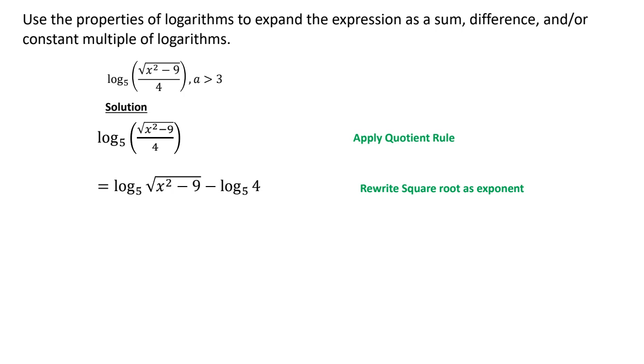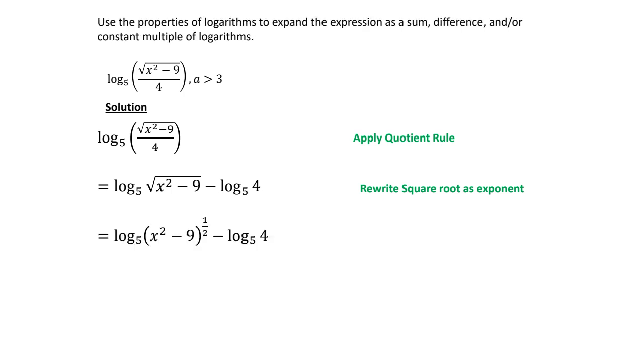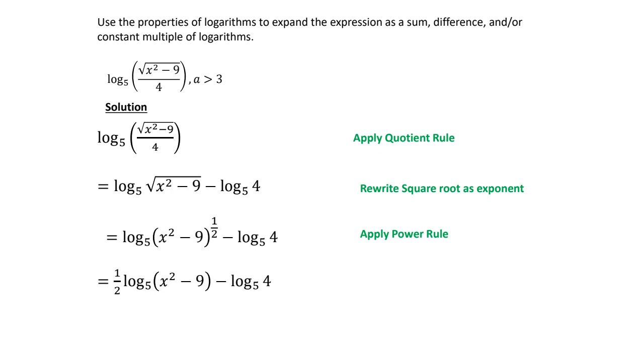Now that I have an exponent, I can apply my power rule. That says that when you have a log to an exponent, you multiply that exponent to the log, or move it to the front. So then I have 1/2 log of base 5 of x squared minus 9, minus log of base 5 of 4.